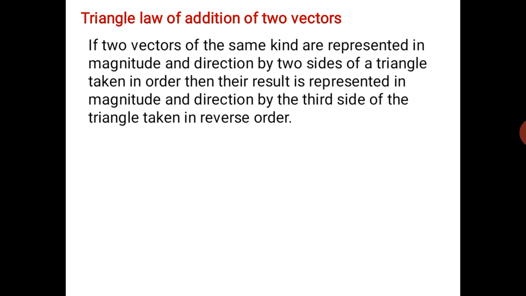See, if two vectors of the same kind are represented in magnitude and direction by two sides of a triangle taken in order, then their result is represented in magnitude and direction by the third side of the triangle taken in reverse order.